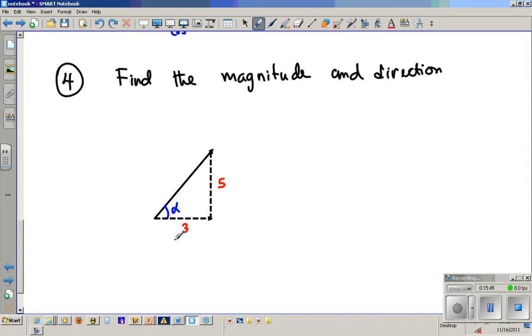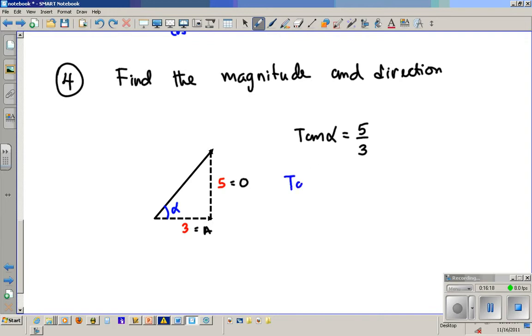So to get the direction, all you simply do is you have, this is your opposite, and this is your adjacent. What trig function has opposite and adjacent in SOHCAHTOA? Opposite and adjacent is tan, right? So you're going to go tan alpha equals opposite over adjacent. So how do you get alpha by itself? You do the inverse tan of both sides.